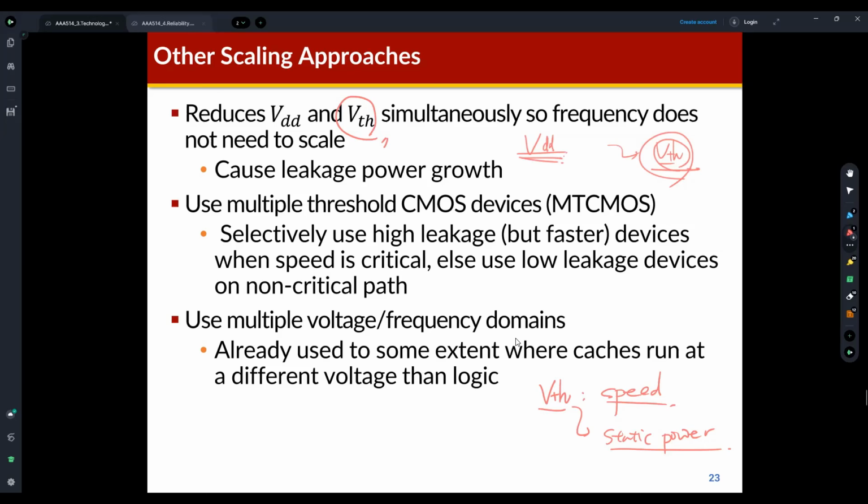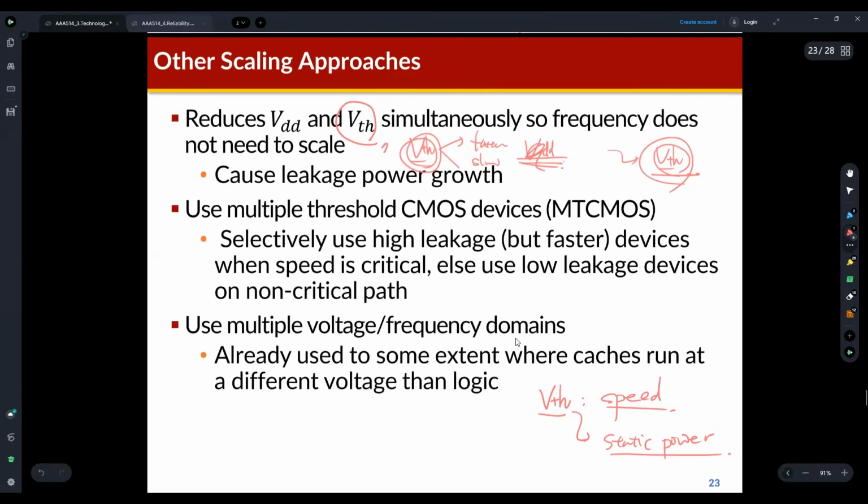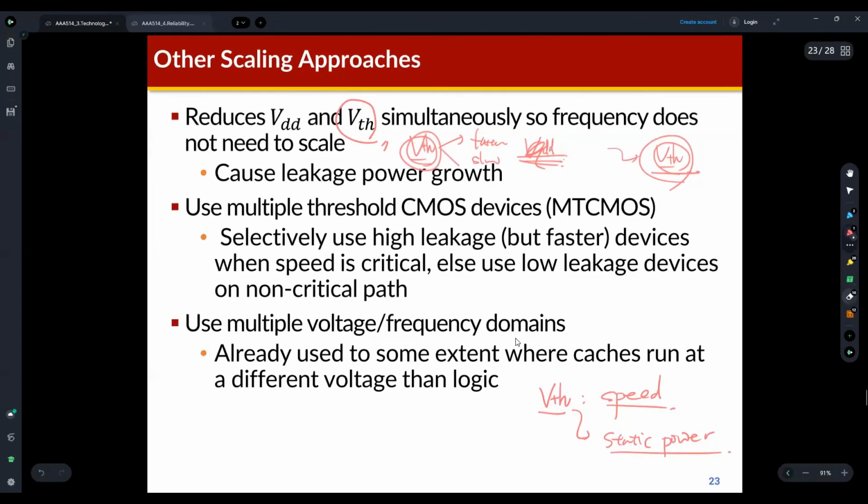Just remember that by adjusting this threshold voltage, we can make a faster device or we can make a slow device. But we can also observe the disadvantage of reducing the threshold voltage, the static power.